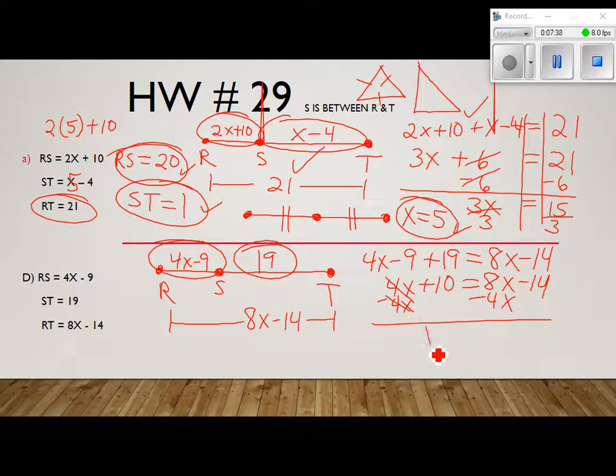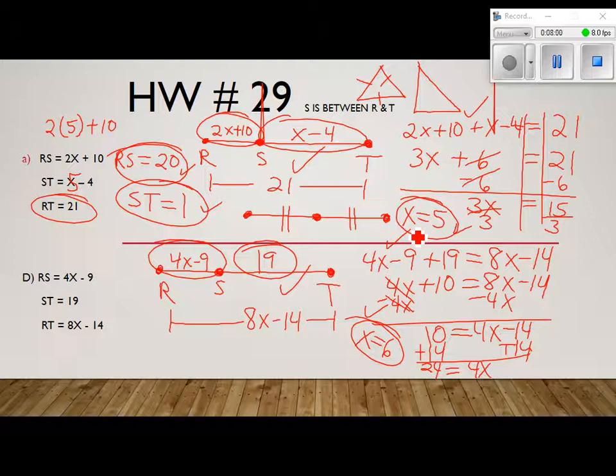These cancel, you're left with 10 equals 4x minus 14. Add 14 to both sides. You end up with 4x equals 24. Divide both sides by 4, you end up with x equals 6. So you got a point here, point for the equation, point for finding x.